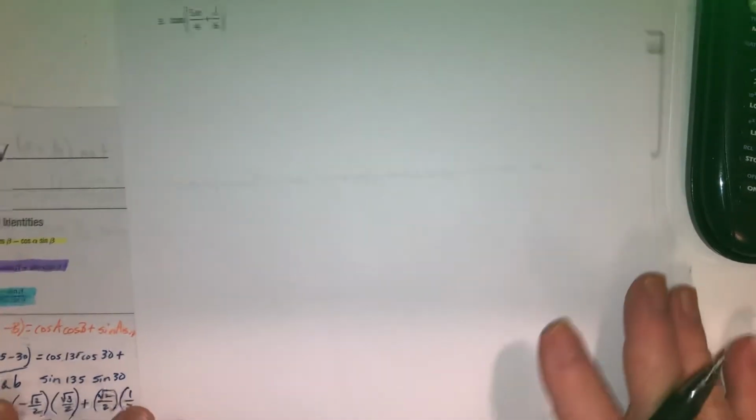All right, on the next page, on number 3, it wants us to find the tangent of a sum of angles, okay? And we have our identity that says that the tangent of alpha plus beta is equal to the tangent of alpha plus the tangent of beta, divided by 1 minus the product of the tangents.